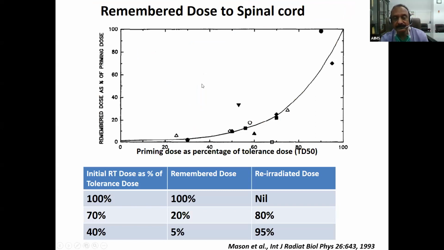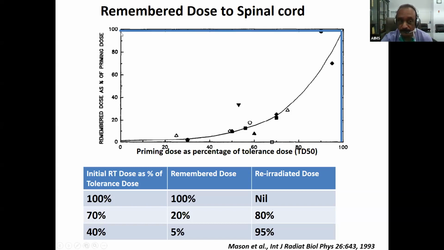So first, let us look at the remembered dose to the spinal cord. Now, this graph is showing the relationship between the remembered dose versus the priming dose. Priming dose means the dose which we have delivered during first irradiation. If you have delivered 100% of the tolerance dose to the spinal cord during first irradiation, meaning 45 gray, then it will not forget anything.